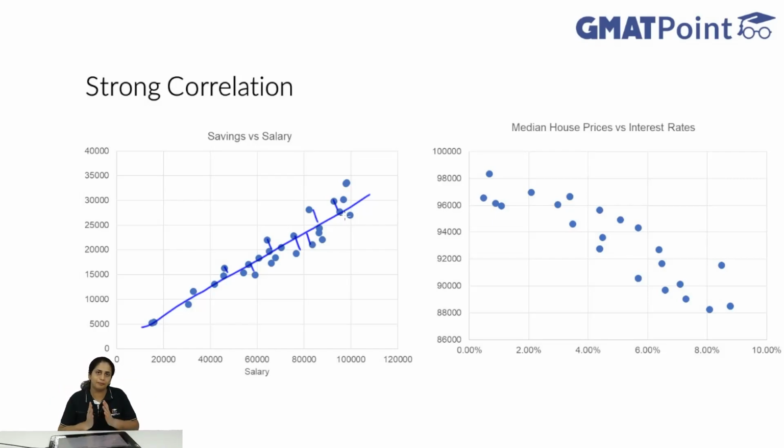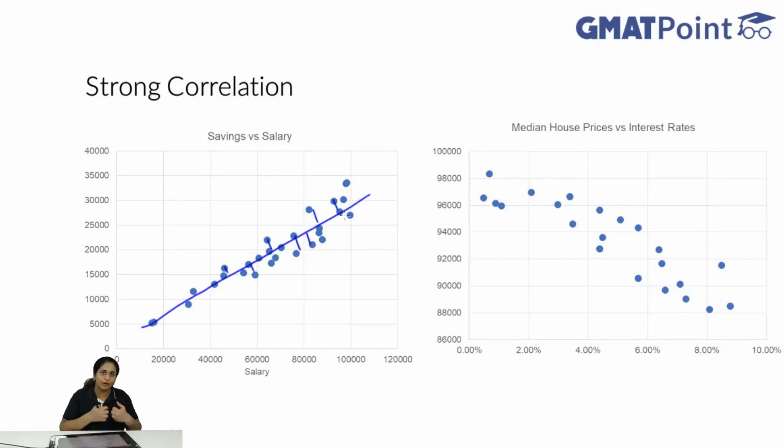So there is a positive correlation. We can see that as the salary is increasing, the savings are increasing. But they might not increase exactly in proportion, because sometimes as salary increases, expenses also slightly go up. So while savings in general increase with increase in salary, that might not always be the case.